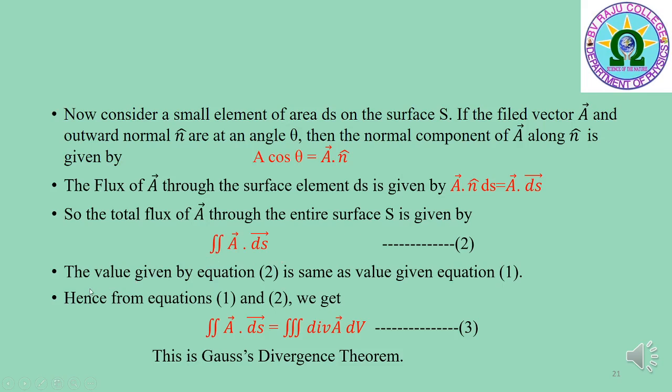So equation 1 gives the volume integral of div A bar dV. Equation 2 gives the surface integral of A bar dot ds bar. These two give the same value.